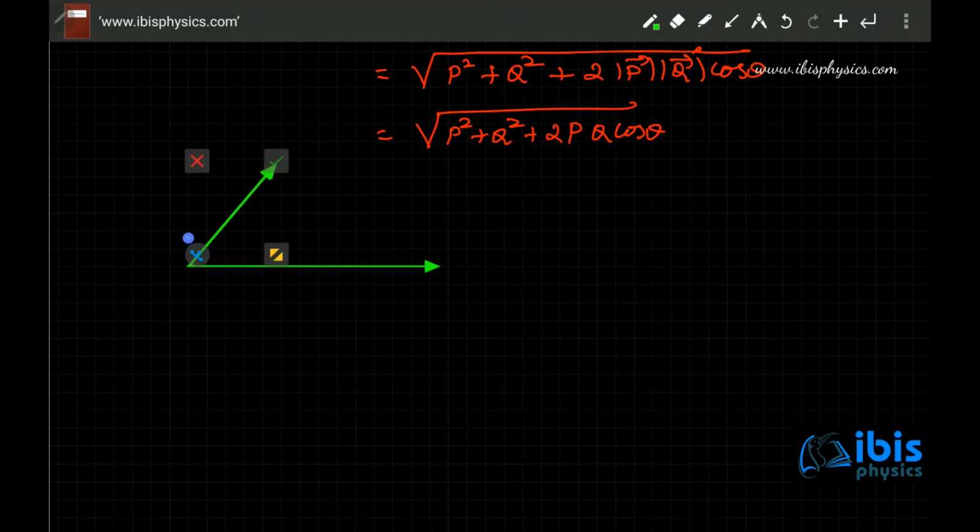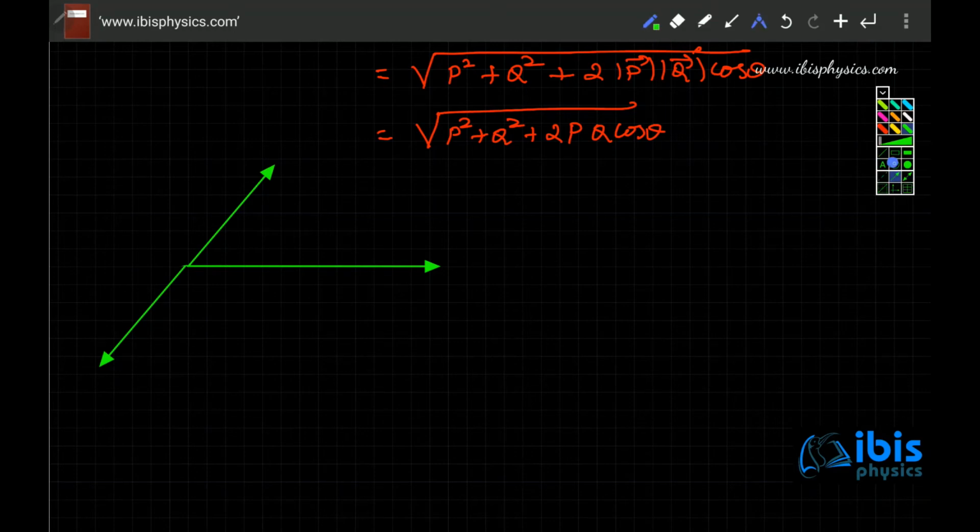This is our q vector. So just give 180-degree rotation. Now because you have changed the angle by 180 degrees, this is now minus q vector. So the dimensions of the parallelogram will not change, only the direction is reversed.